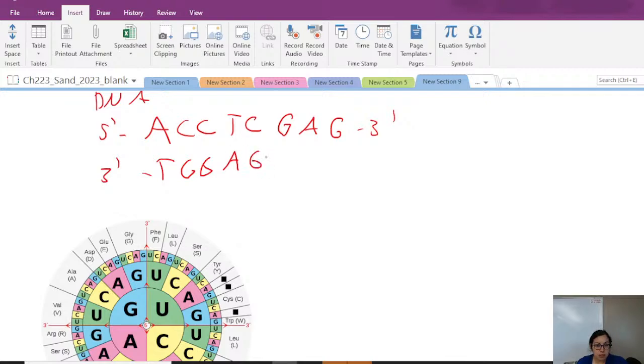Then C with G, G with C, T, C. And when you rewrite it, you start with the 5 prime, so that's C, T, C, G, A, G, G, T, just writing this backwards.